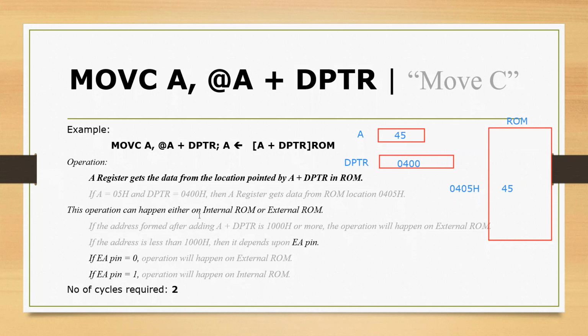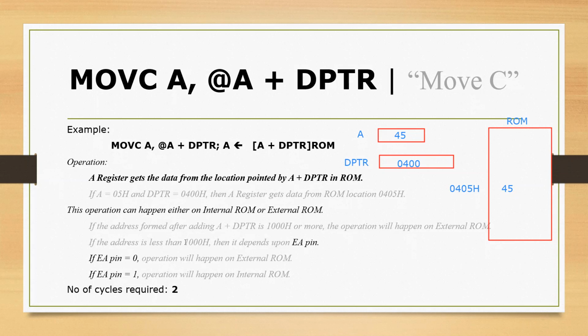This operation can happen either on internal ROM or external ROM. If the address found after adding A plus DPTR is 1000 or more, the operation will happen in external ROM. If the address is less than 1000 hex, you know the internal ROM is 4 KB in size, with addresses from 0000 to 0FFF hex.